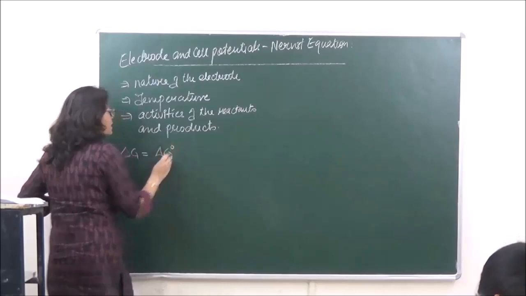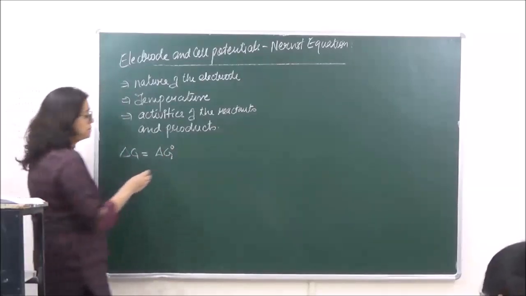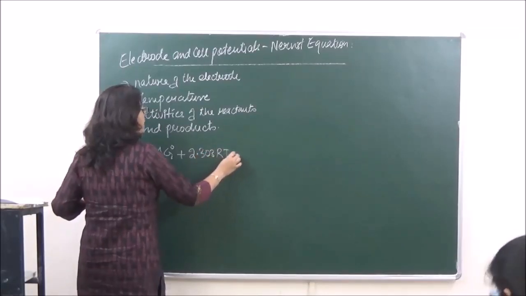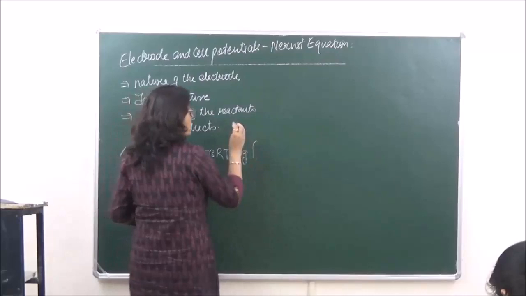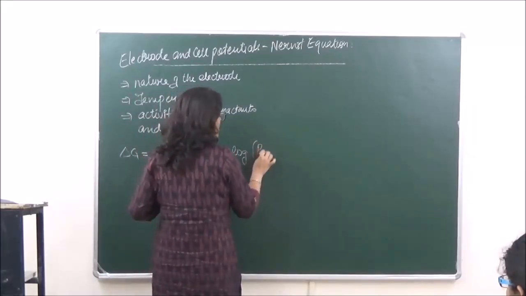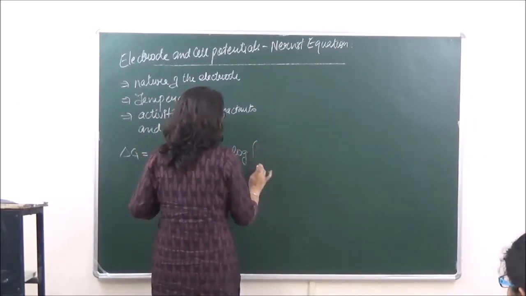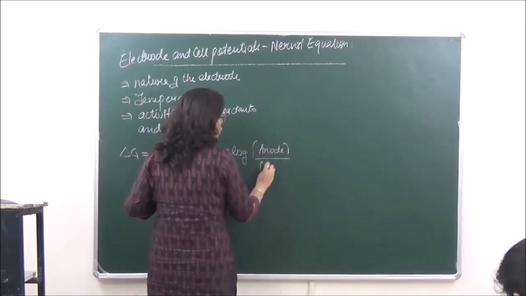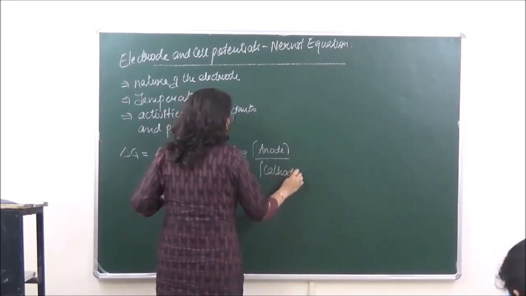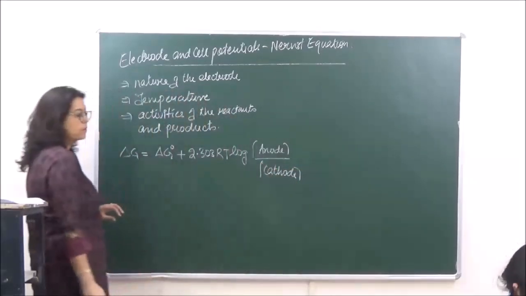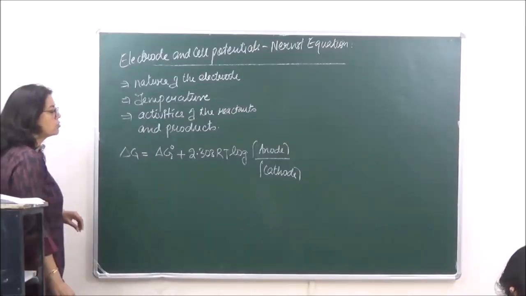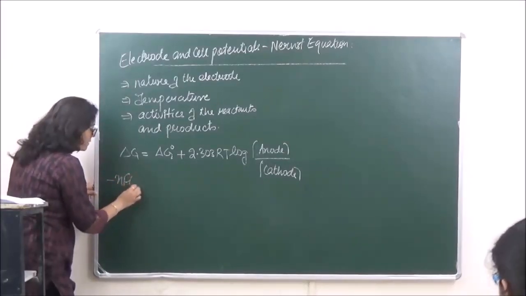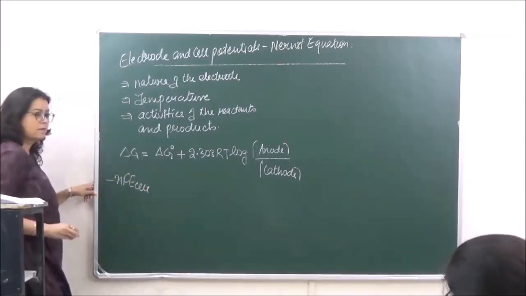is equal to delta G naught plus 2.303 RT log of concentration of products, or you can say log of anode upon cathode. Concentration of the anode upon concentration of the cathode. Now we know that delta G is equal to minus NFE cell, right?